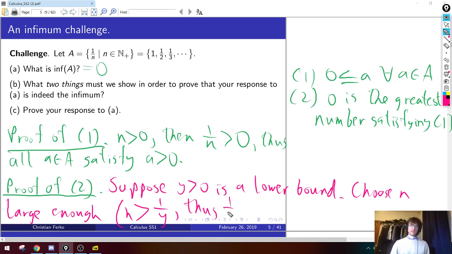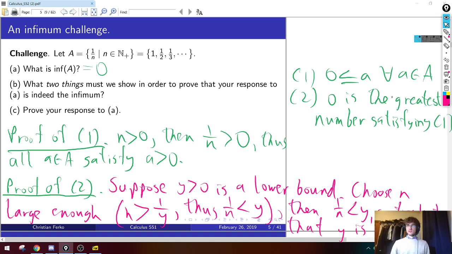That means 1 over n is less than y, because you have to flip the sign of the inequality, right? So choose n large enough, then 1 over n less than y, which contradicts that y is a lower bound. Good. Very nice.